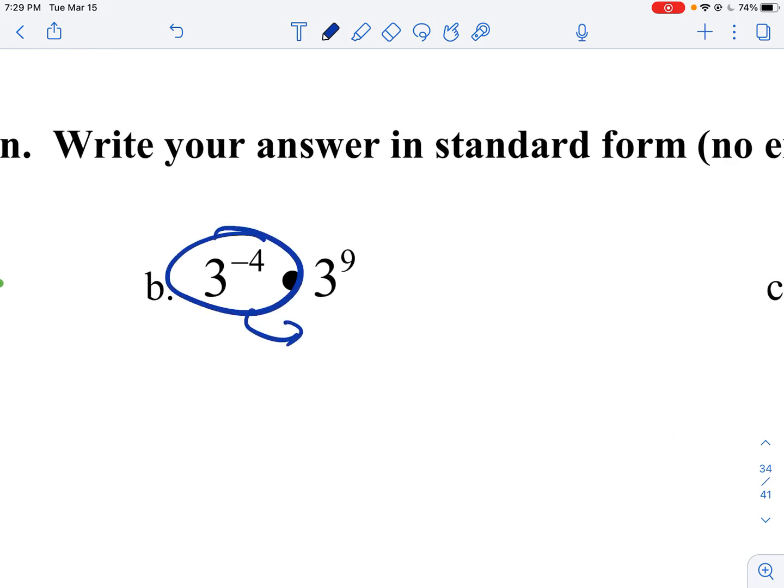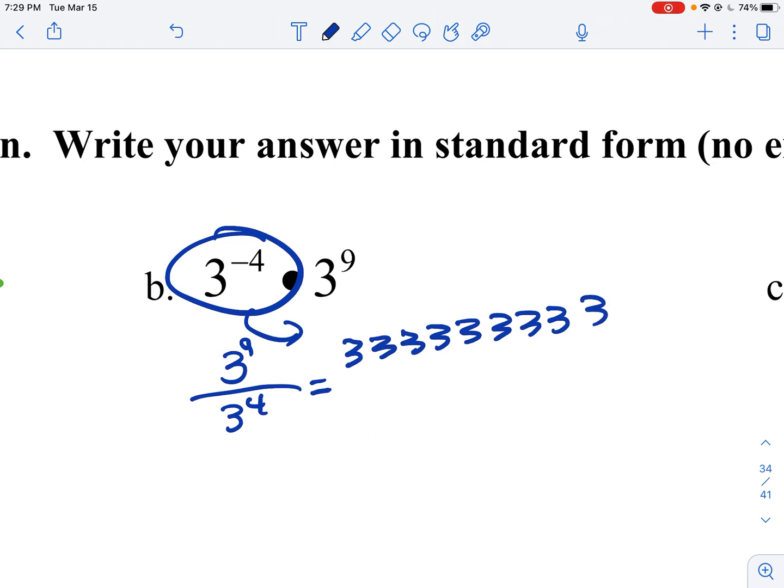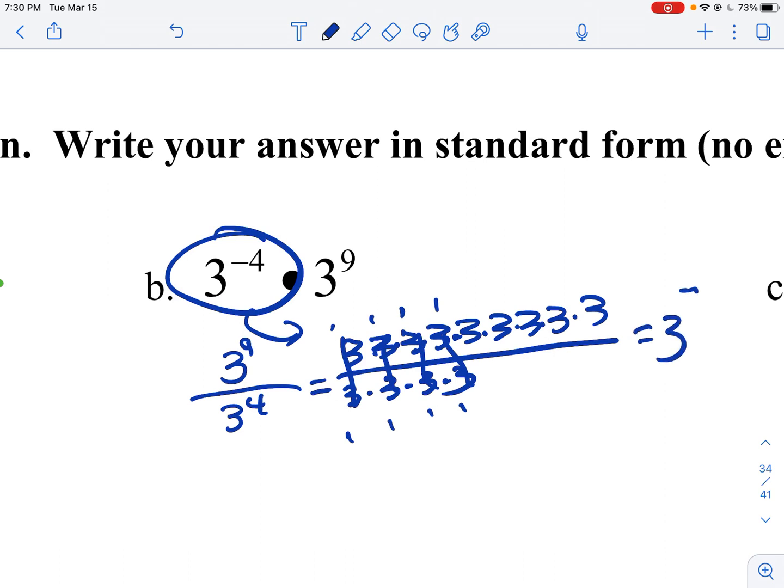Next one. This means move to the denominator. So I would have 3 to the 9th over 3 to the 4th, which is 1, 2, 3, 4, 5, 6, 7, 8, 9, over 1, 2, 3, 4. These cancel, and I would be left with 3 to the 5th.